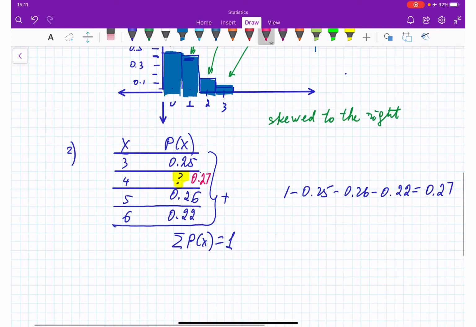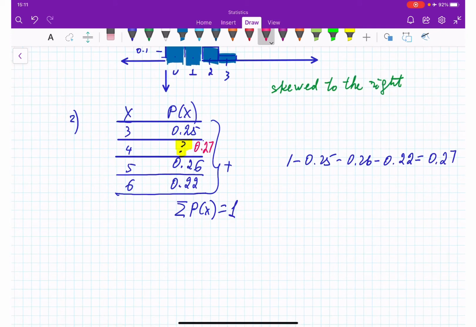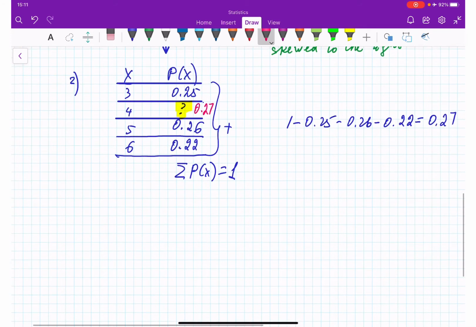Okay? Question number 3. So complete parts A and B below. All right. So we have the number of dogs per household in a small town.